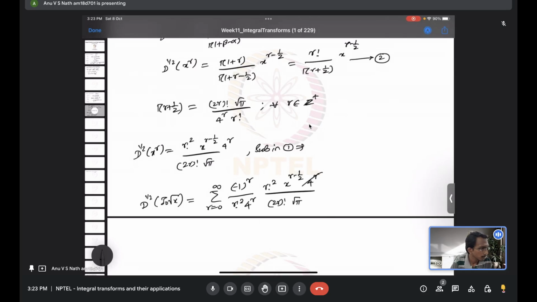Now this 4 to the r will cancel, and r factorial squared will cancel. The remaining term is as follows.